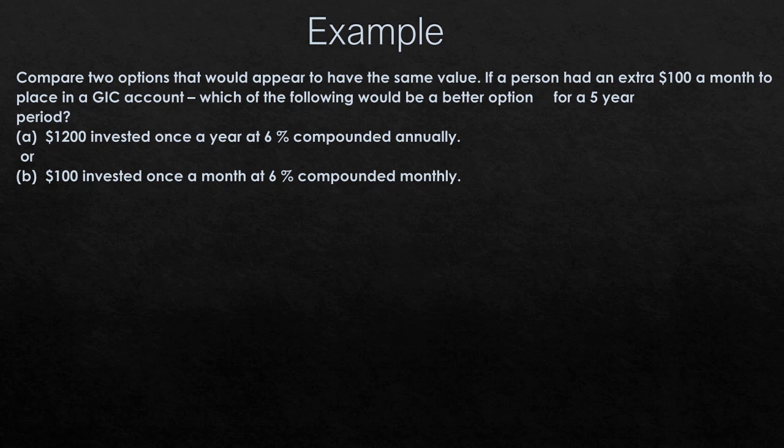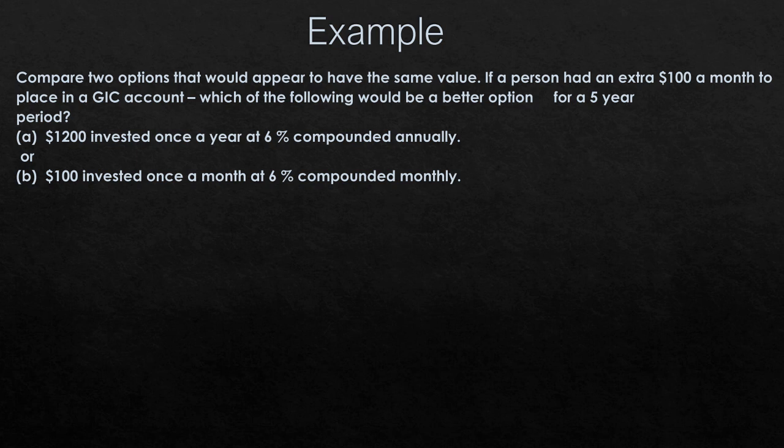Okay, so here's another example. We want to compare two options. And this is cool. Maybe you'll be able to do this if you ever do investing and they talk to you about different accounts, or maybe different banks have different rates. A person has an extra $100 a month. So they look at their budget and say, okay, I have $100 a month and I'm going to place it into a GIC account, which is a common account that people use for investing.